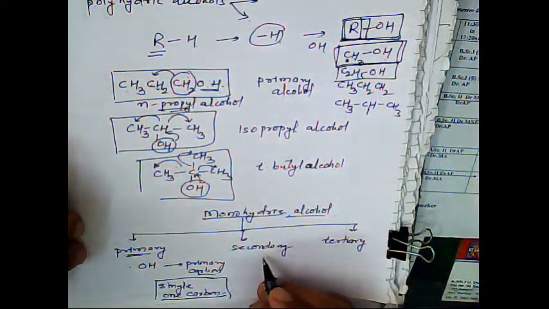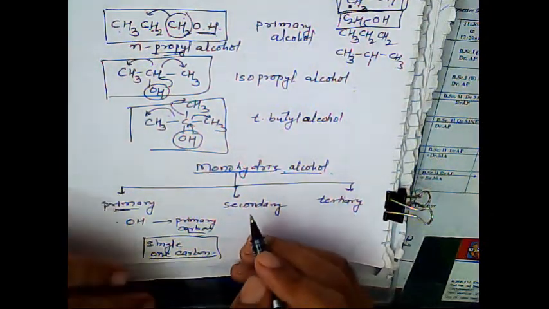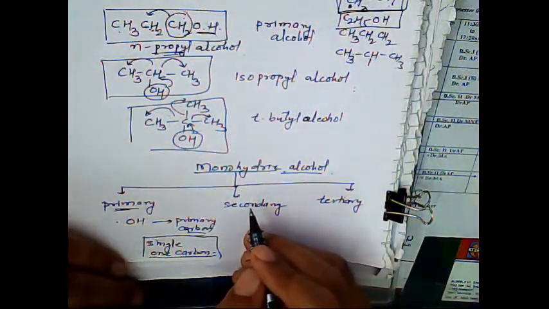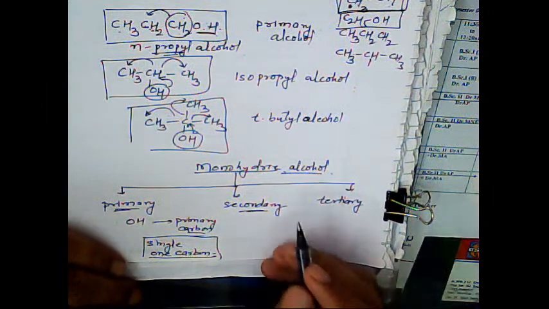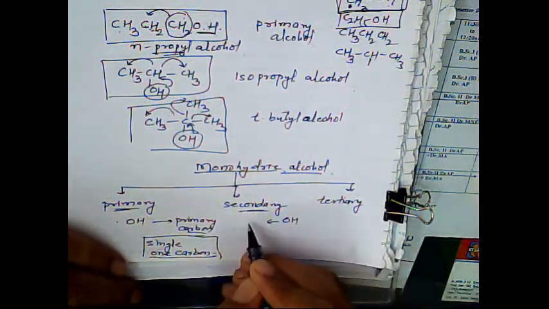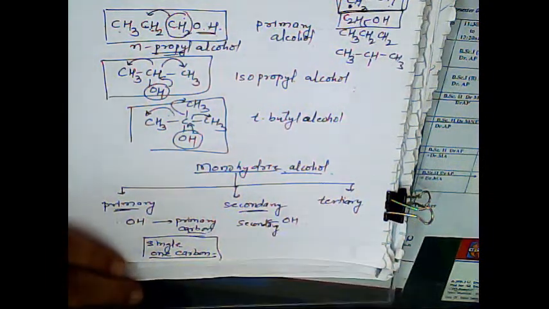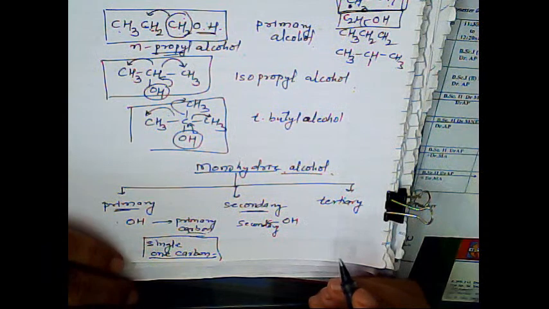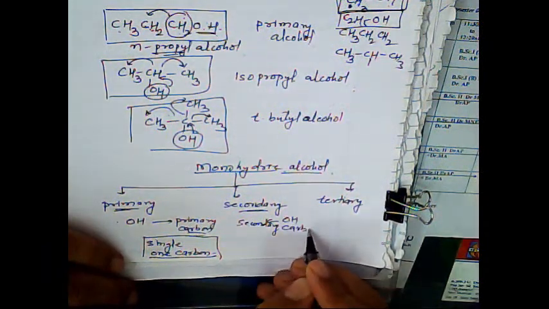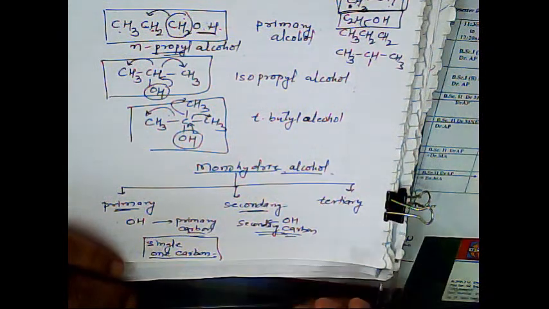Now come to the second class, secondary alcohol. Secondary alcohols are the compounds where the OH group is present on a secondary carbon. Now what is a secondary carbon?